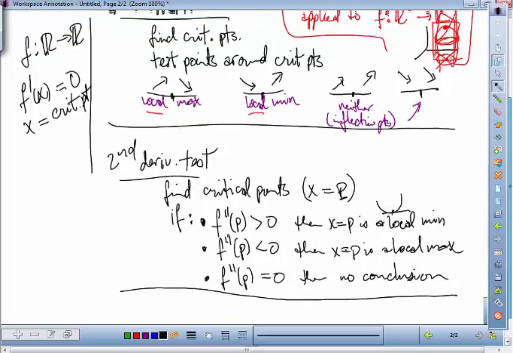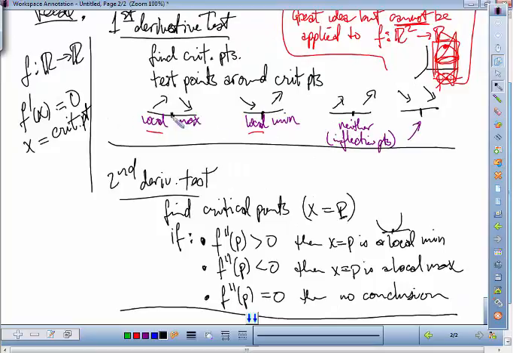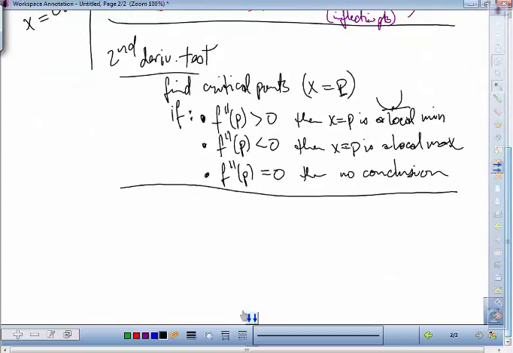For the first derivative test back in Calc 1, we can always tell whether something's a local max or local min because we can see how the graph will look as we move along the x value passing through that critical point. But for the second derivative test, you can't tell. An example is that if your function is x cubed, you have neither max nor min.